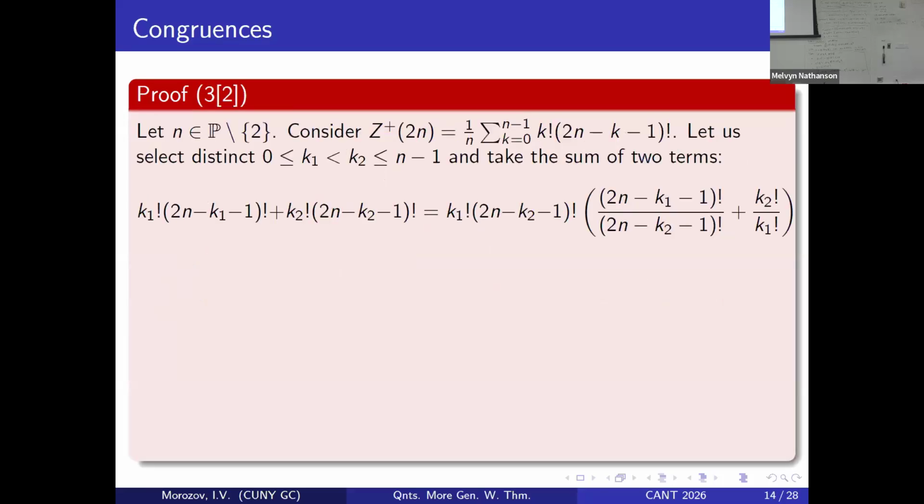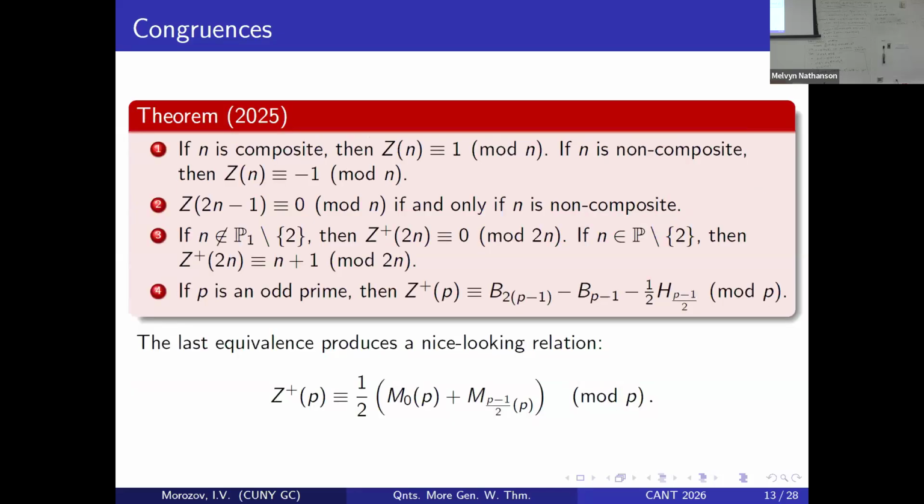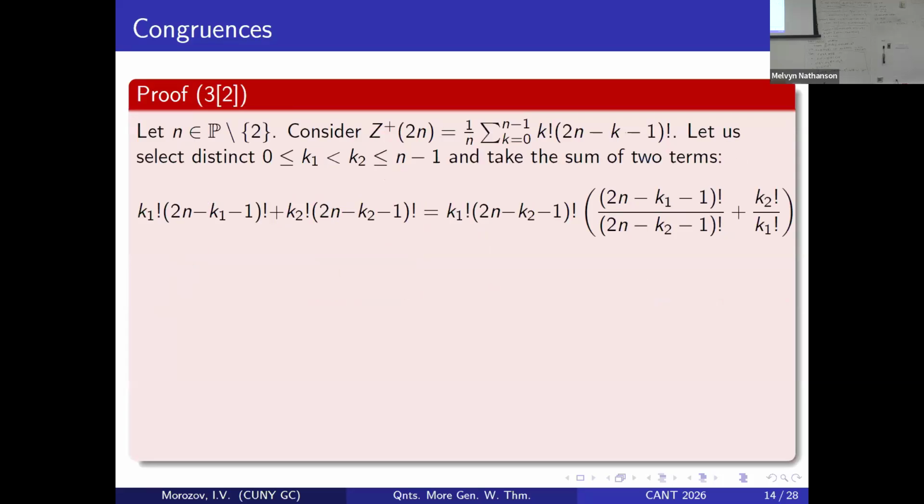I'll show a brief proof of the second sentence of the third statement. So if n is an odd prime, then z plus of 2n is this sum here, and then we look at the individual terms in the sum, and when we take the sum of two terms, we get this expression.